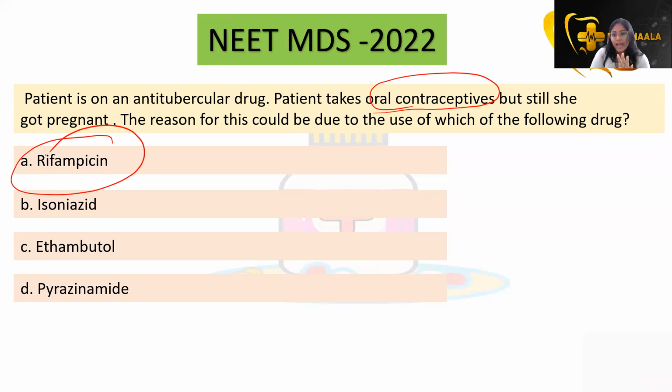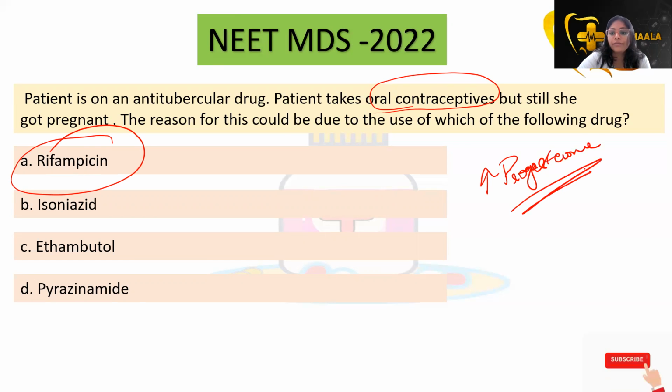Why? We have seen rifampicin results in spiking of progesterone, right? A female becomes pregnant when there is a spike in progesterone hormone. So the contraceptives do not work when we combine them with an anti-tubercular drug such as rifampicin.